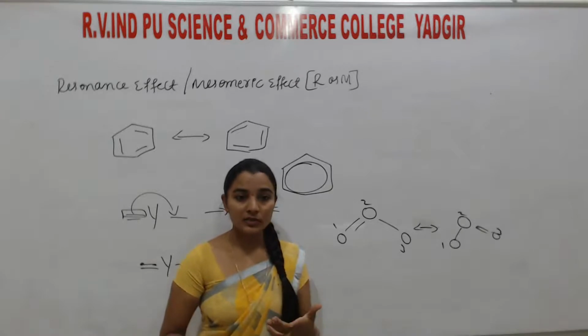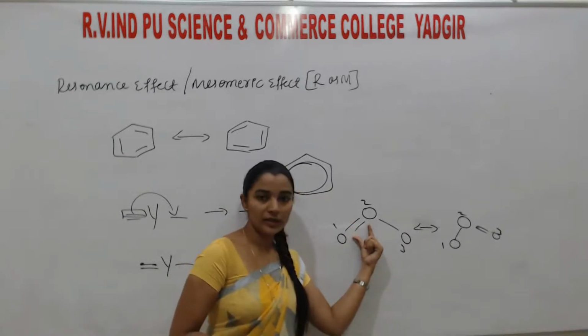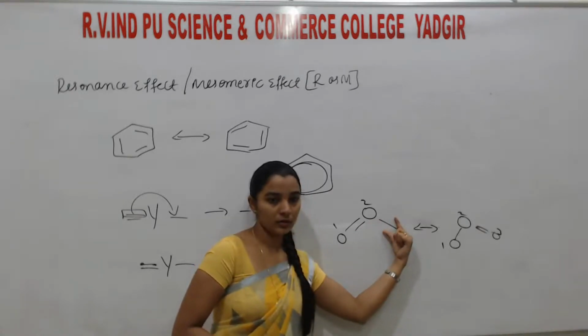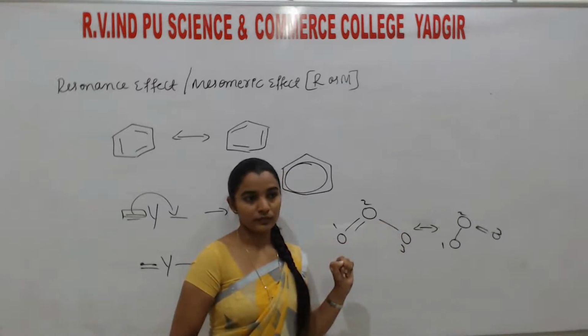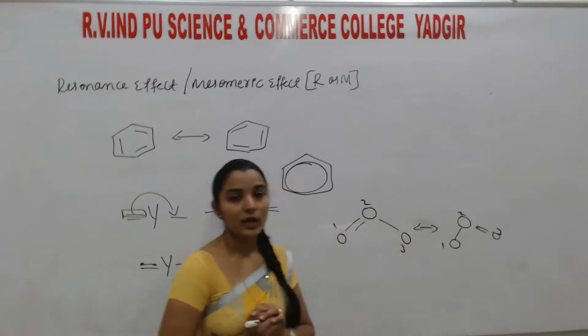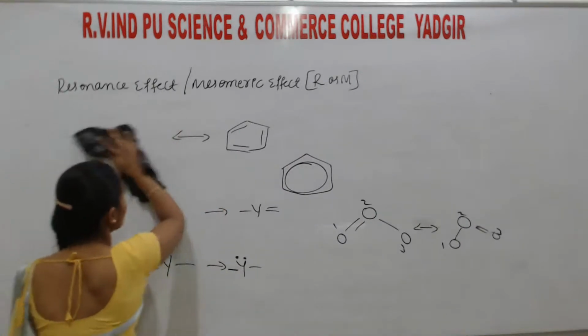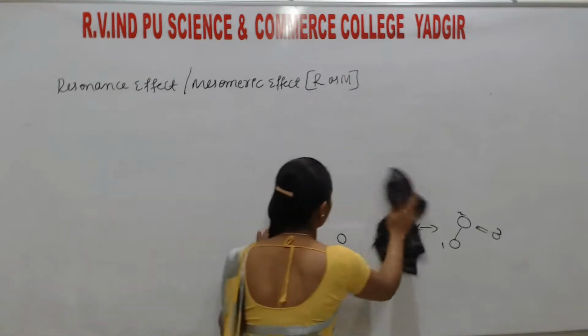That is because of delocalization. This is the initial locality of the pi bond, and it just displaces its position. So this is the resonance effect, which takes place by the delocalization of the electrons.